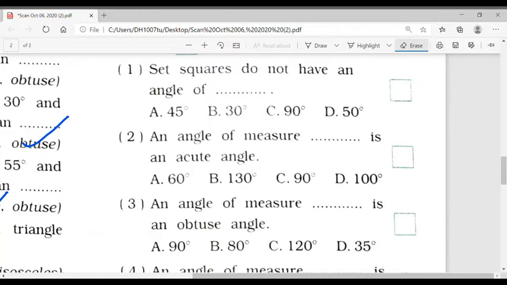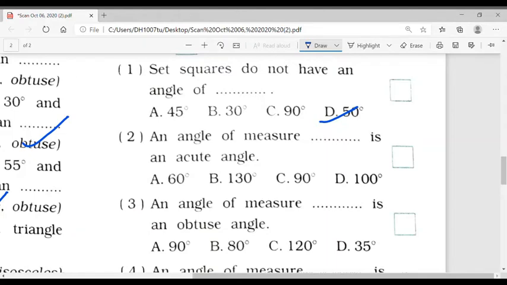Which angle in a set square is not mentioned? Option 50 degree. If the angles of the two types of set squares are given in the geometry box, then the angle not made in the set square is 50 degree. D option is the correct option.